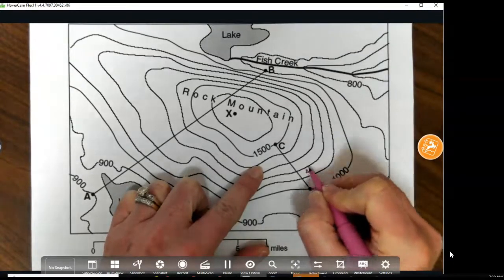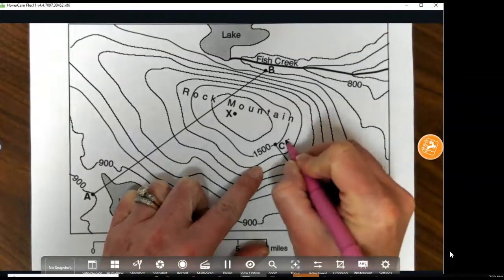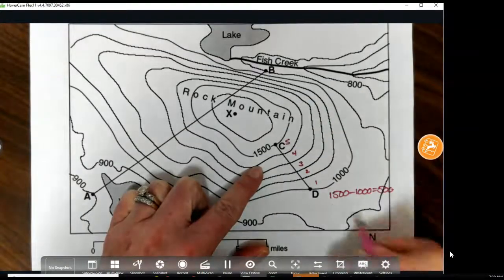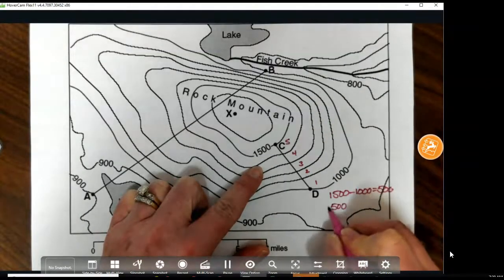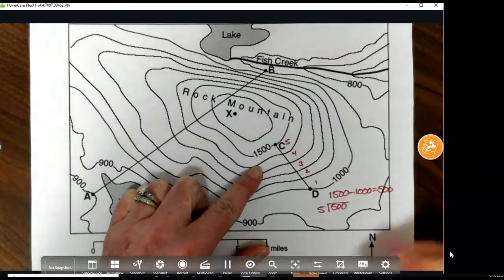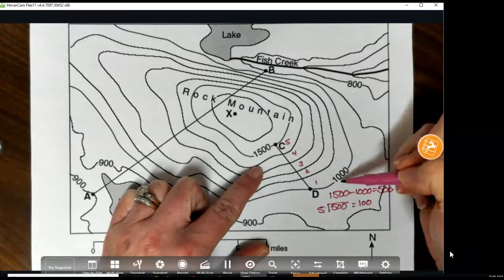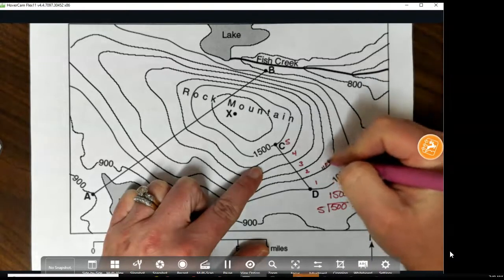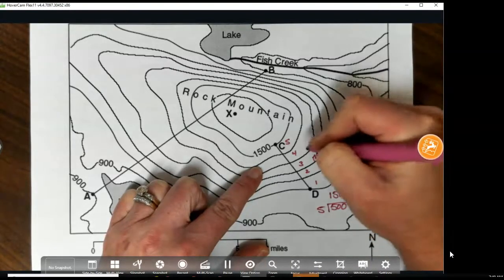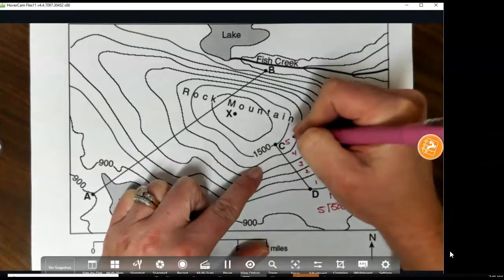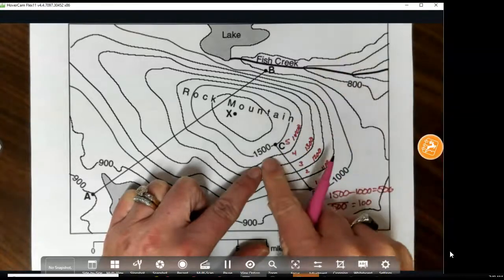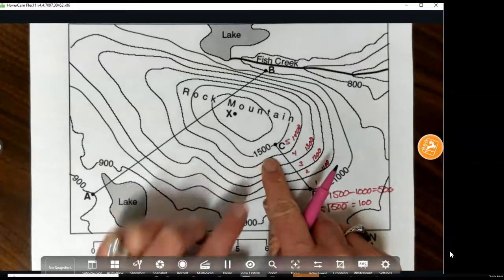There's 1, 2, 3, 4, 5 spaces in between, so 500 divided by 5. My contour interval is 100. So this is 1,000, 1,100, 1,200, 1,300, 1,400, and then we get to 1,500.